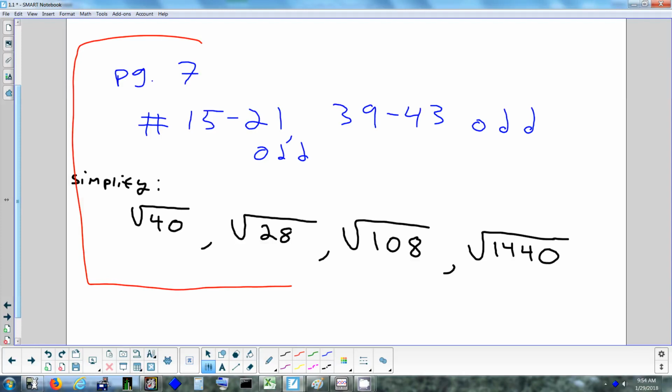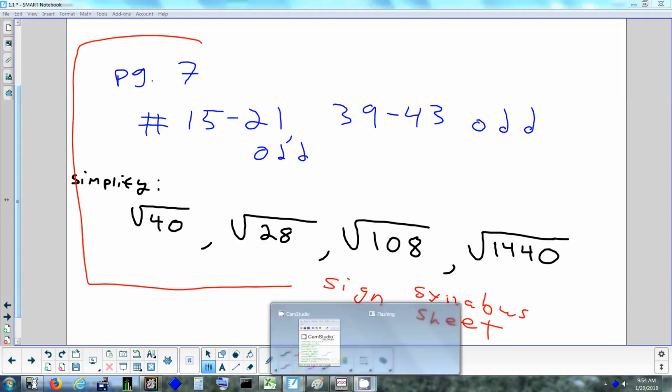Also, the other thing is to have the syllabus sheet signed. Is that odds for both those sections up there, 15 and 21? Yes. Okay, so bring back the syllabus sheet signed.